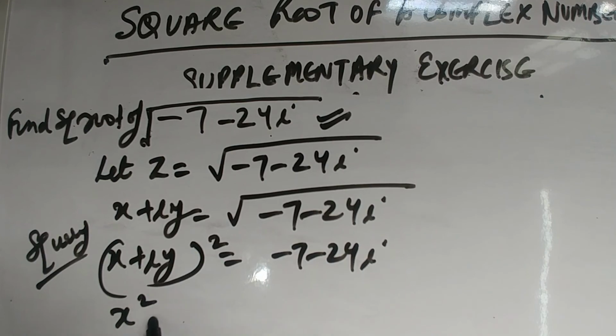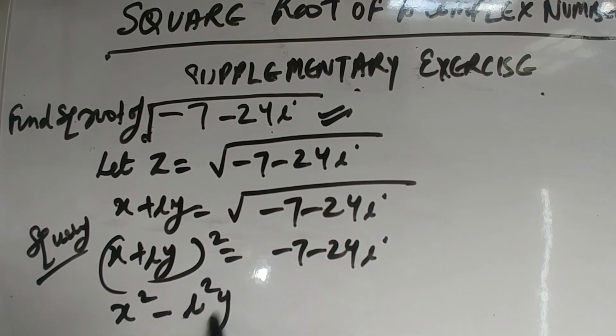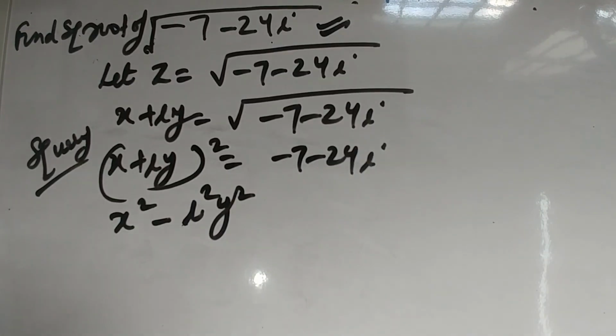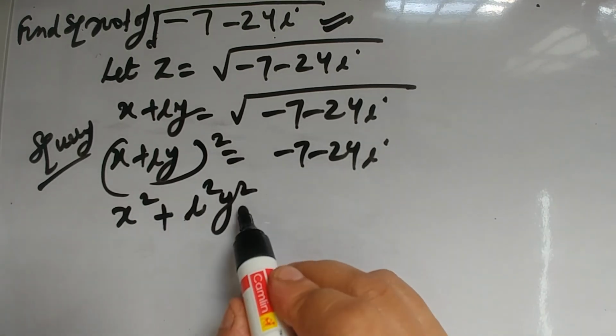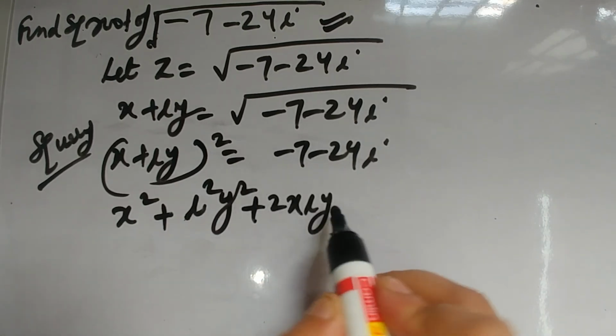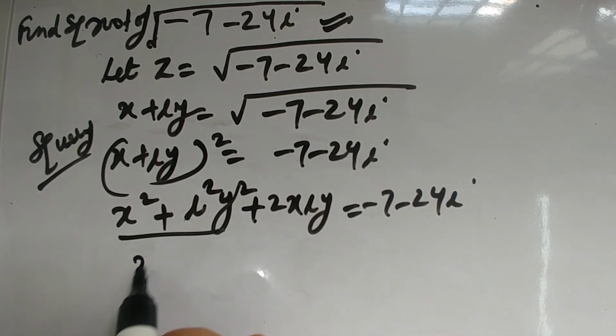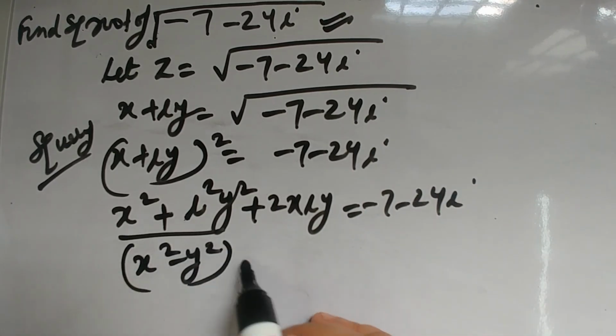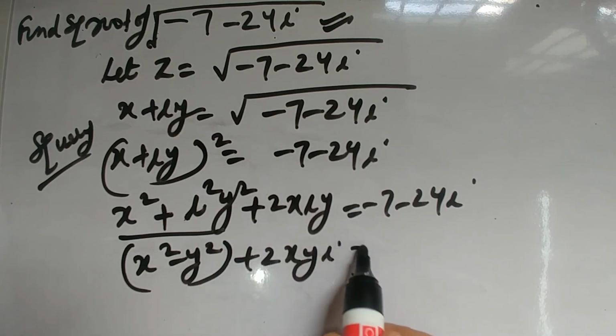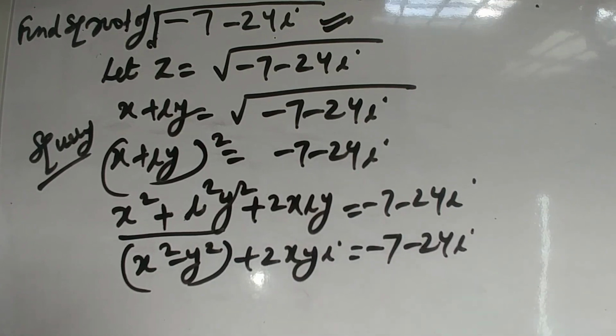So this is x² plus iota² y² plus 2x iota y is equal to minus 7 minus 24 iota. So all together, x² minus y² plus 2xy iota is minus 7 minus 24 iota.